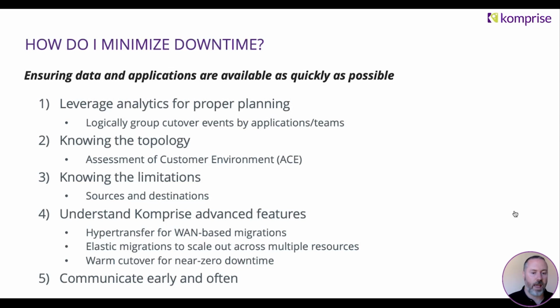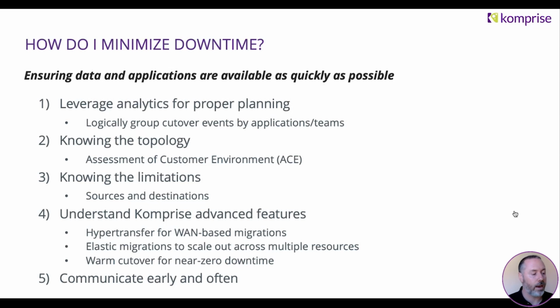And then we have the advanced features of Komprise. Hyper transfer for WAN-based migrations absolutely cuts down on the time to transfer data across a WAN. Elastic data migrations, the ability to scale out and distribute the workload across multiple resources. Warm cutover, which I'm going to walk through a quick demo on how to set one of these up. But a warm cutover is almost a near zero downtime.